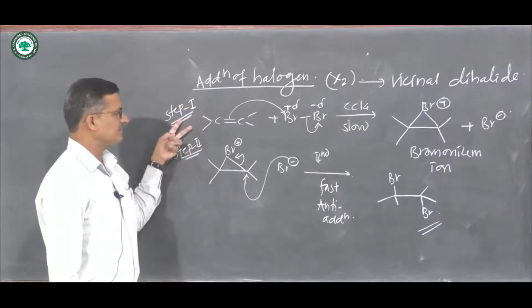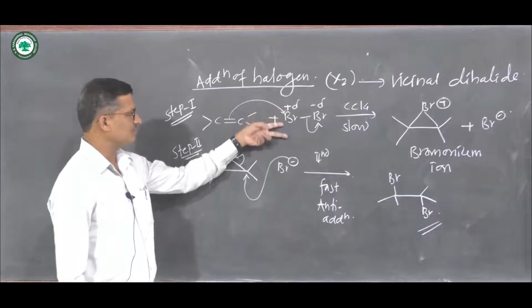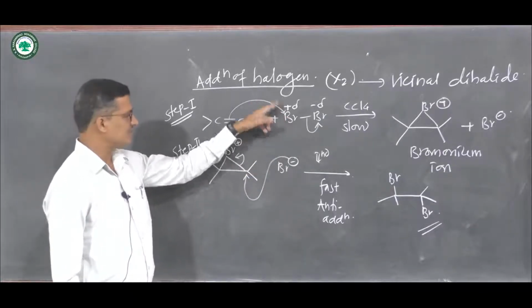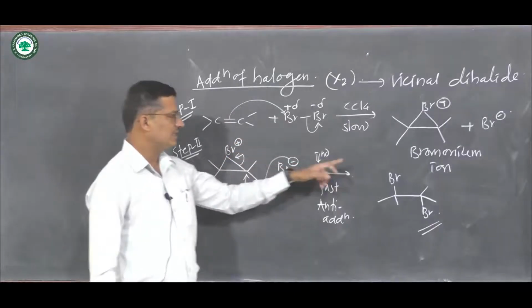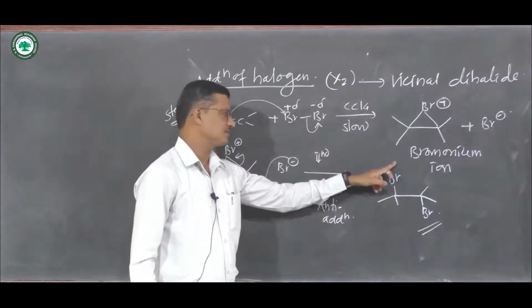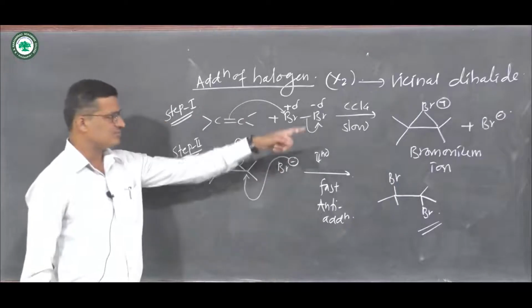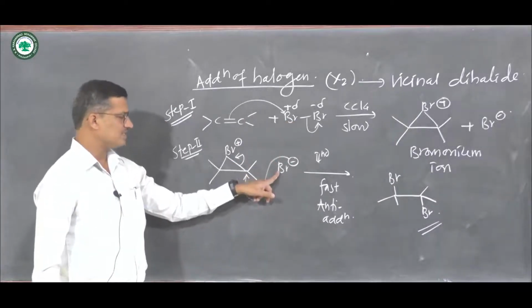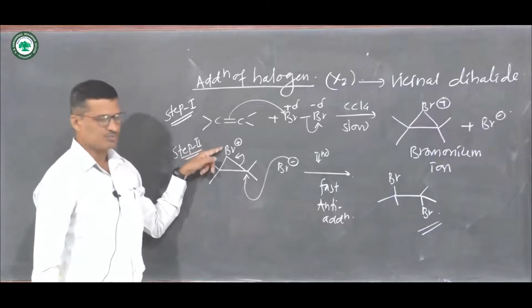In the first step, the electrophile, the Br with a delta positive charge, is electrophilic in nature. It is added first to the double bond, and then a bromonium ion is formed. Once the bromonium ion formation takes place, you have Br minus in your reaction mixture. This Br minus acts as a nucleophile, and it attacks from the opposite side of this Br.